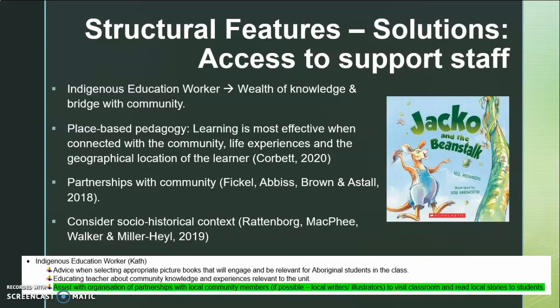However, often attempts at forming these essential partnerships are negatively impacted by the socio-historical context. Therefore, the Indigenous education worker was drawn upon as a bridge with the community to assist in the formation of partnerships in the unit. For example, when organising local community members to visit the classroom and read local stories to students, the Indigenous education worker was involved.